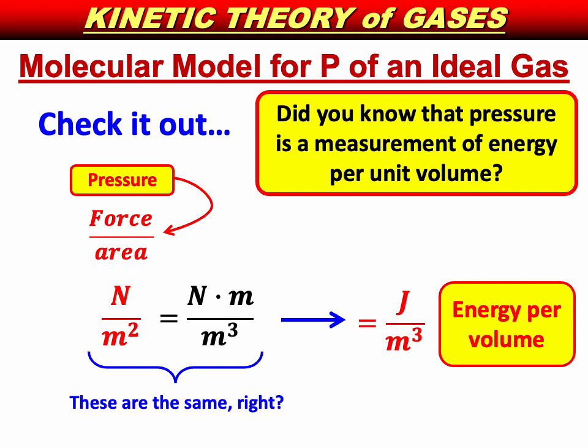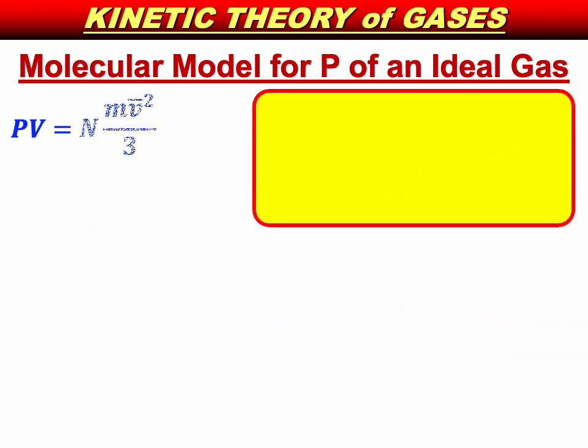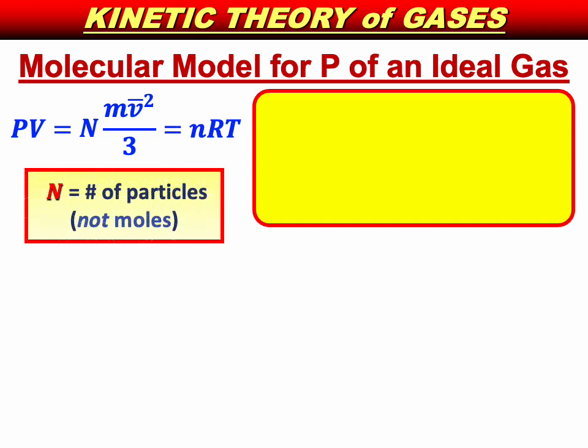You're going to have a lot of force per unit area exerted on that wall. Think of that gas as just a three-dimensional spring. As soon as we let go, it wants to release that stored energy. So the energy we're talking about really is a form of potential energy. Okay, let's go back to this. And we just remind ourselves that big N is number of particles, little n is number of moles.